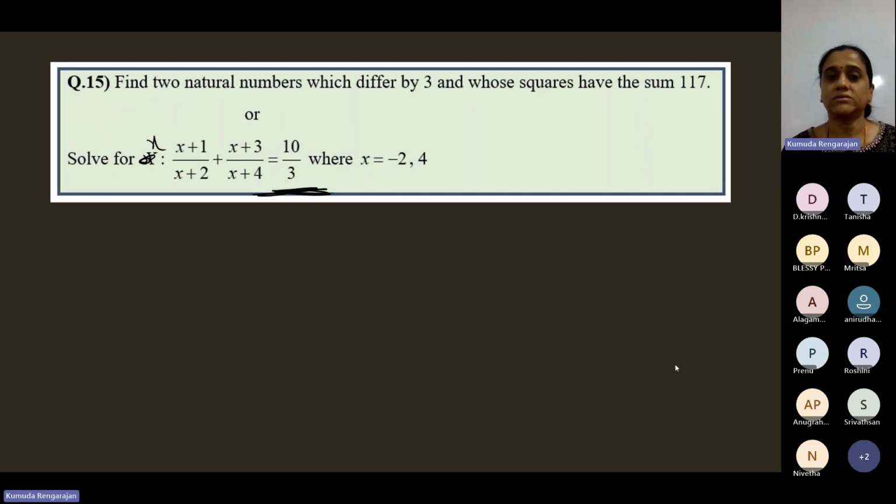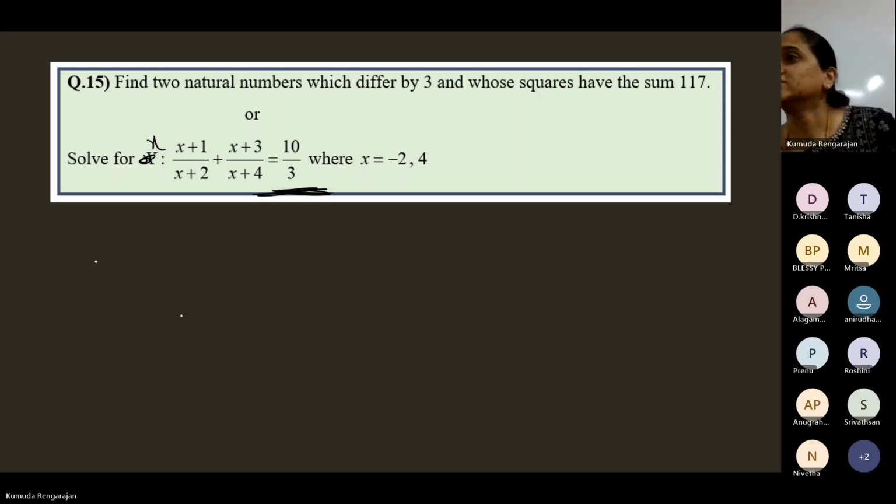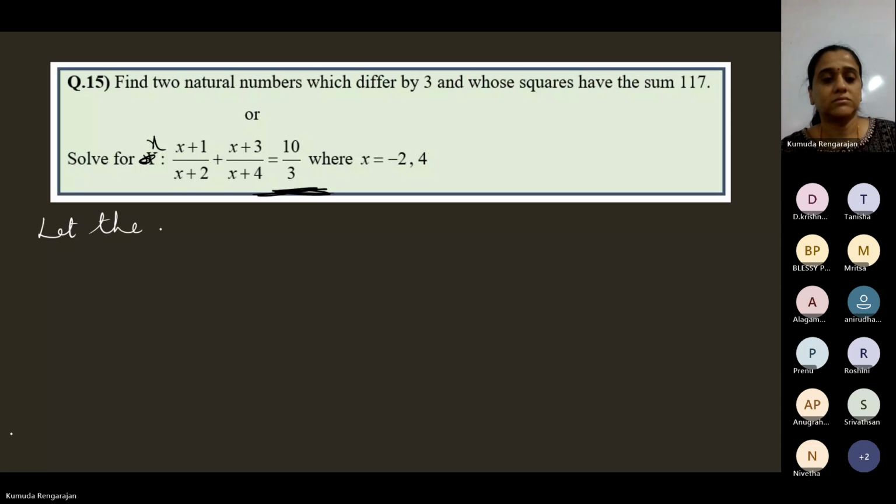What are the numbers? Let the numbers be x and x plus 3.